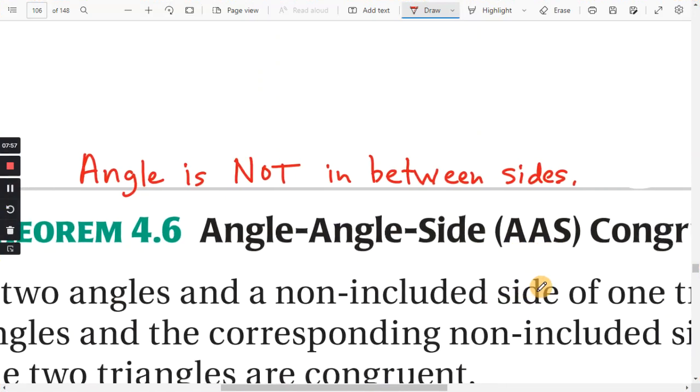Okay, and in this case, the side is not in between the two congruent angles. So for ASA, I'm sorry, I wrote that wrong. All right, in this case, the side is not in between the angles. Okay, so it's going to be two angles and a side, but the side is not in between, as you will see.